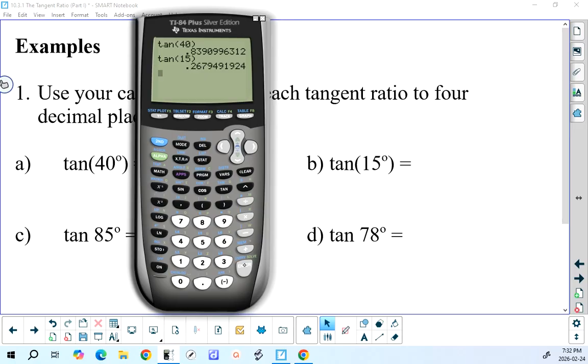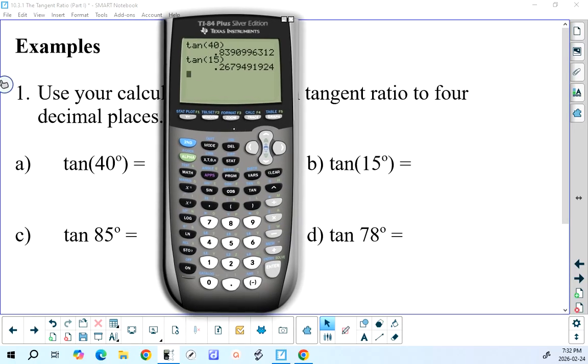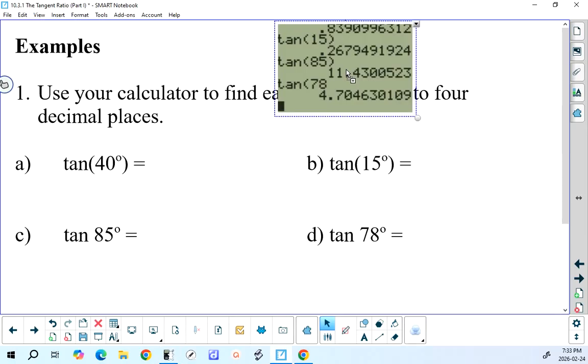I want you to notice that even though we're forced to use a bracket on our calculator, we don't have to write a bracket. So when you look at C, it says tan 85. Well, that's tangent of 85 degrees. That's the answer to C. And the answer to D is tangent of 78. So, I guess I can write all of these down.